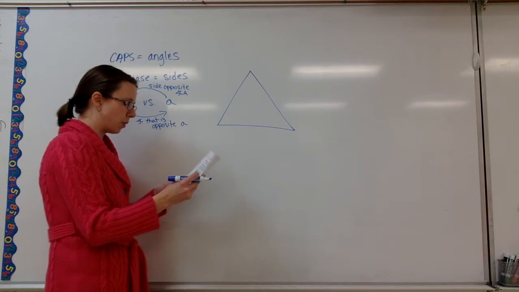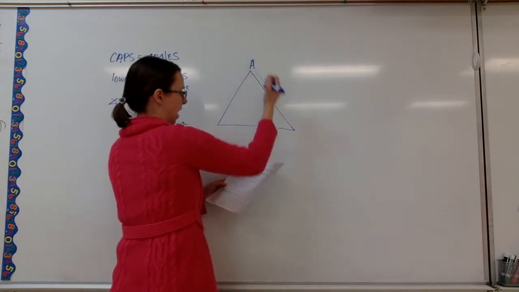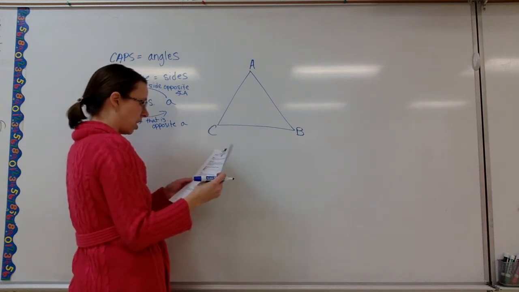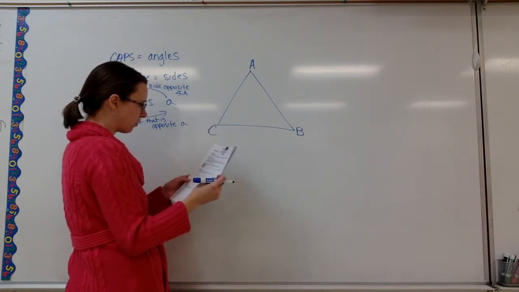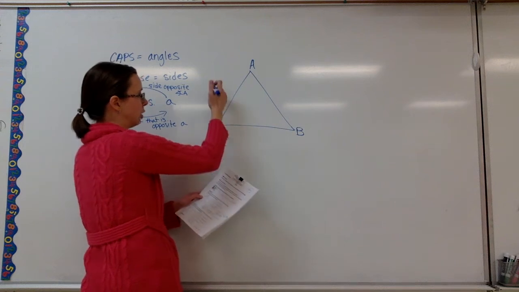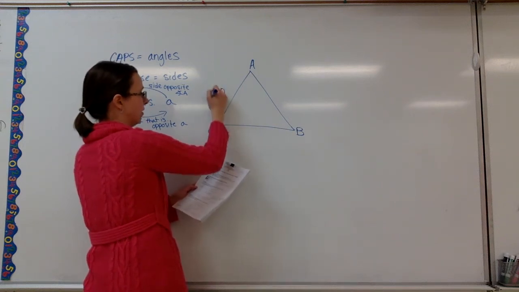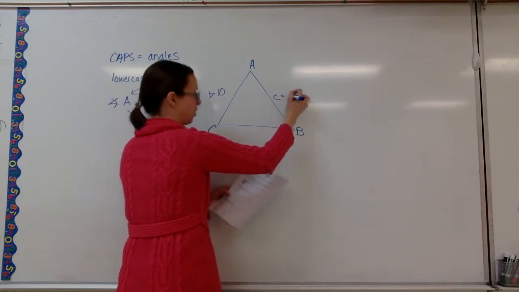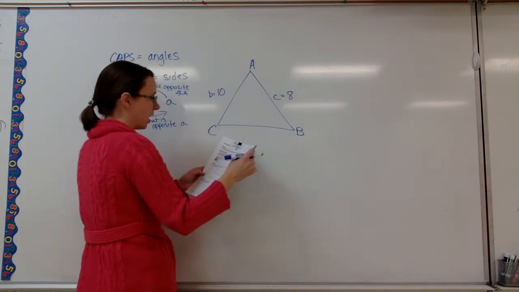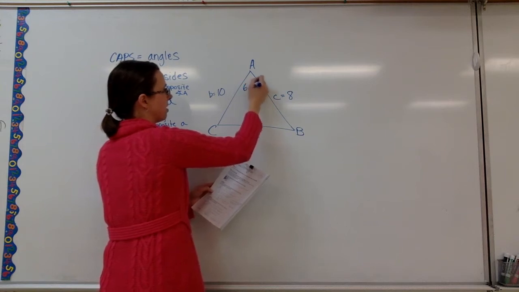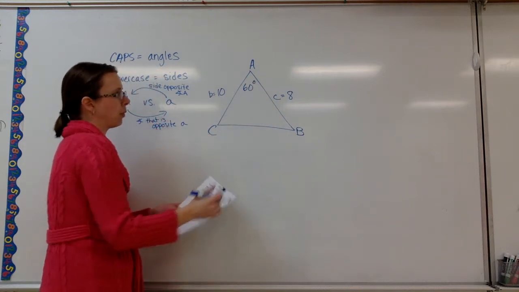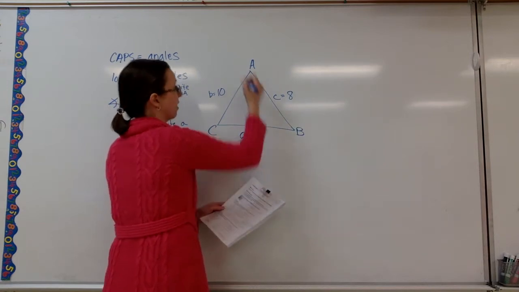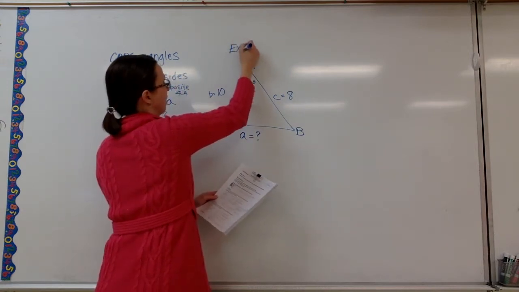We have sides a, b, and c, and angles A, B, and C. We know side little b is 10, side little c is 8, and angle A is 60 degrees. What we are asked to find in this problem is a. Again, this is example 1.